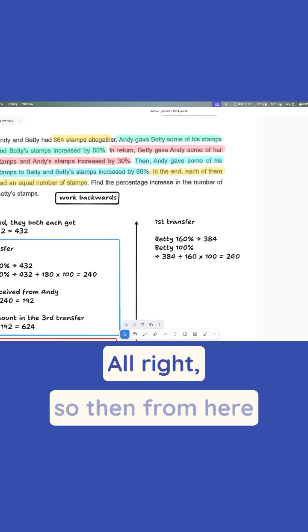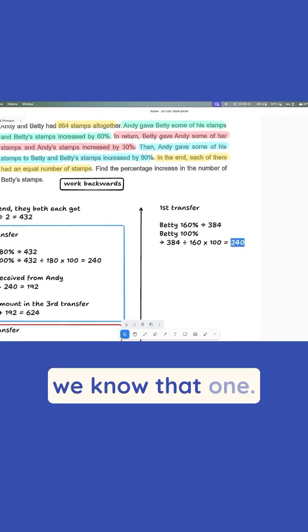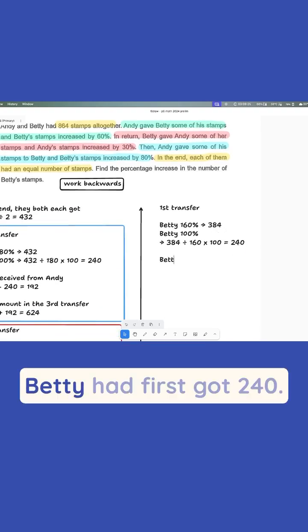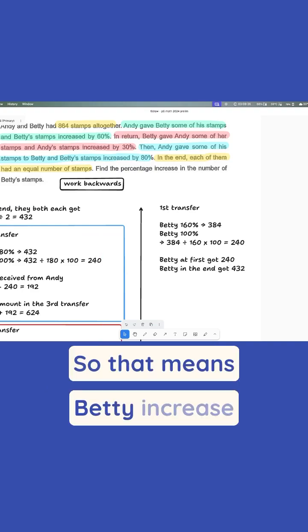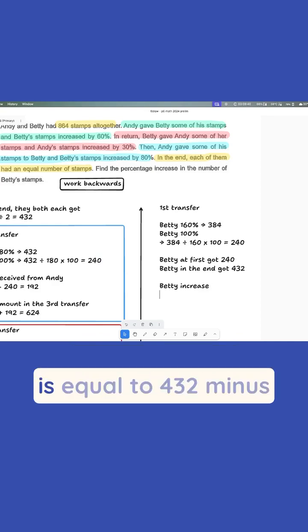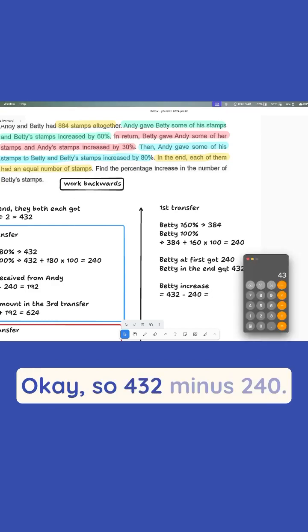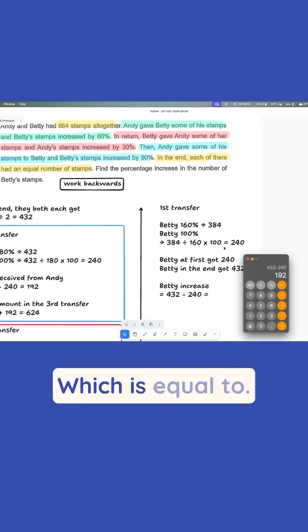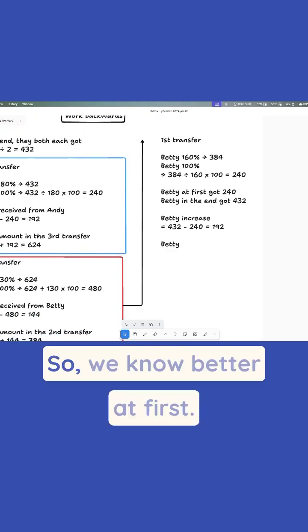So from here we know that Betty initially had 240, and in the end got 432. So Betty's increase is 432 minus 240, which is equal to 192.